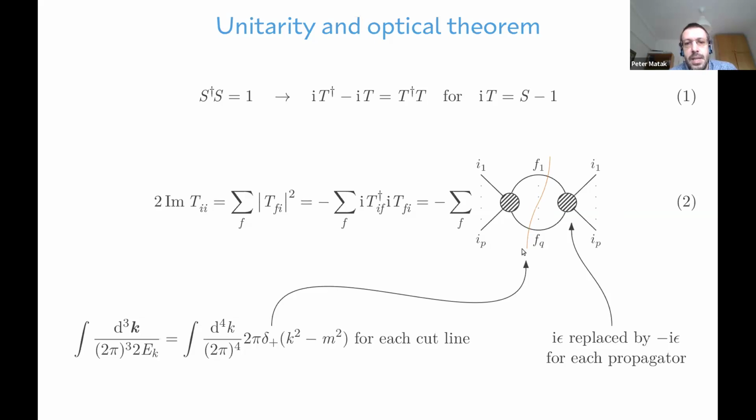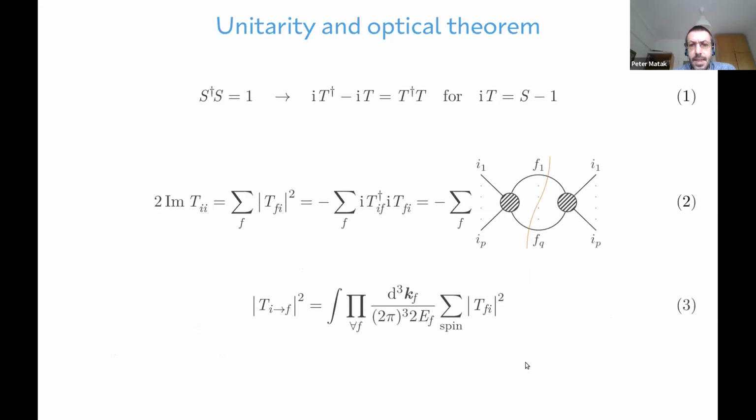The line is put on mass shell, and on one side of the cut, it does not matter which one, but it should be consistently done in all the contributions, let's say to the right of the cut, we have to replace all the i epsilons in the propagators by minus i epsilon because of the Hermitian conjugation here. Note that we are reading these matrix elements from right to left, but diagrams are drawn from left to right. So it's just a convention how we read.